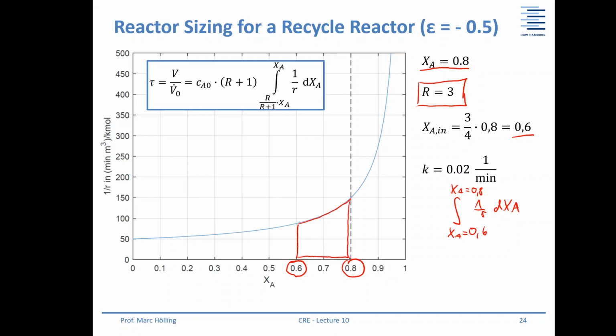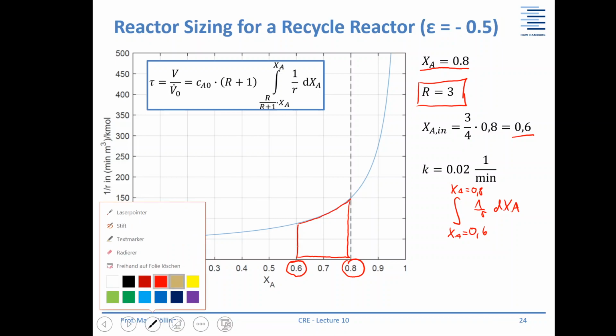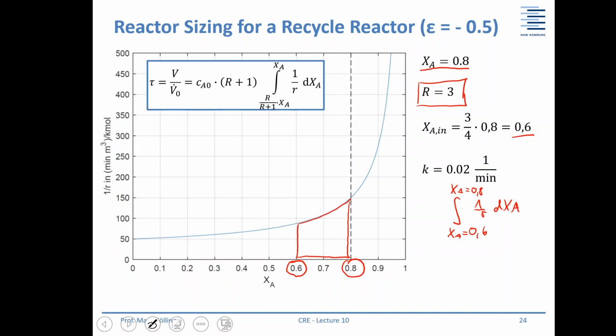We need something like this area here, and for me it's easier to have the area as a rectangle.